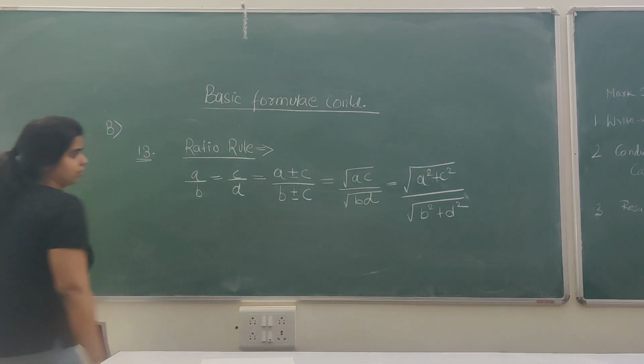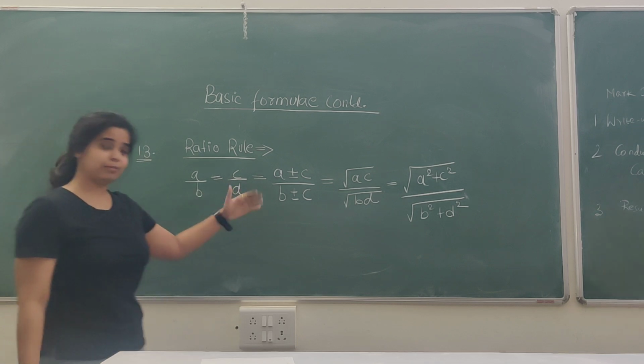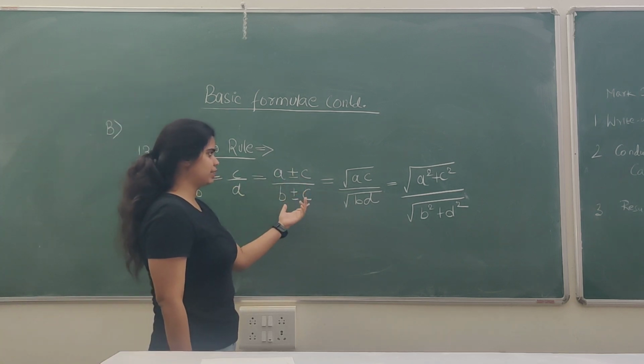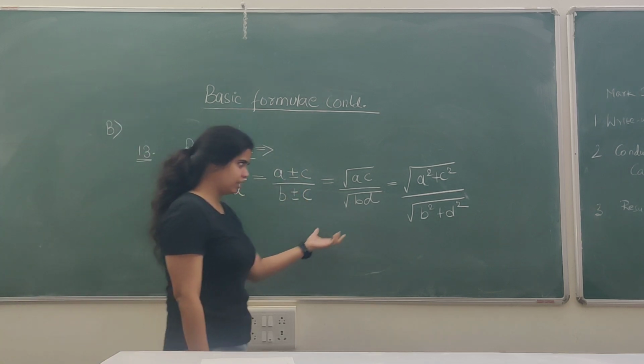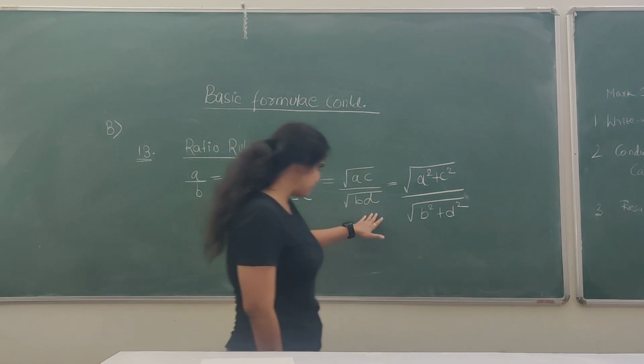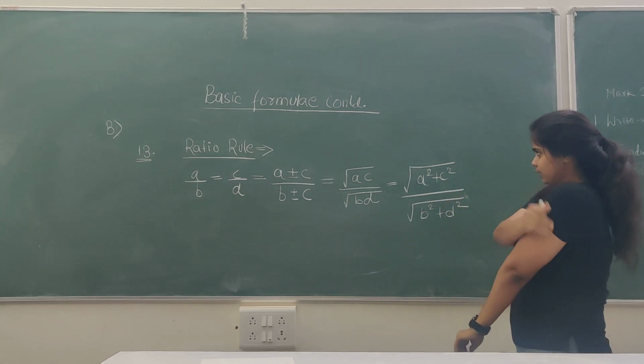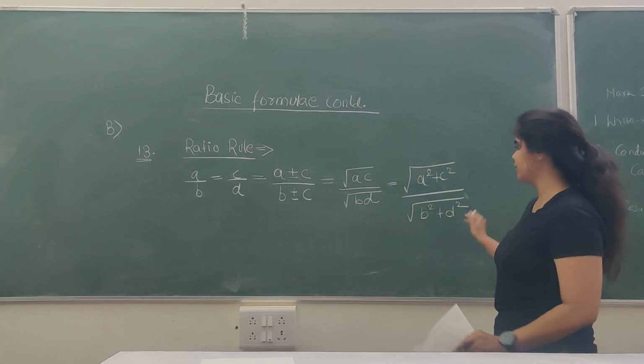So if a upon b is equal to c upon d, then it is also equal to a plus minus c upon b plus minus d, is equal to under root ac upon under root bd, which is also equal to under root a square plus c square divided by b square plus d square.